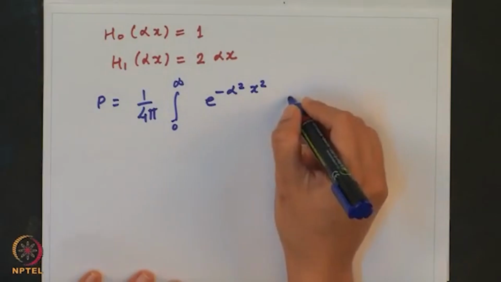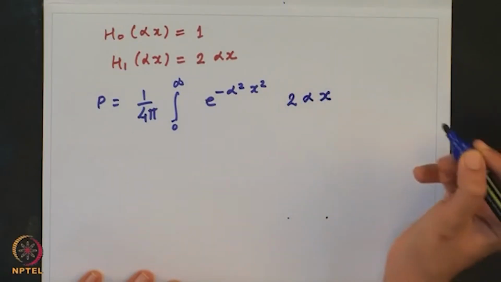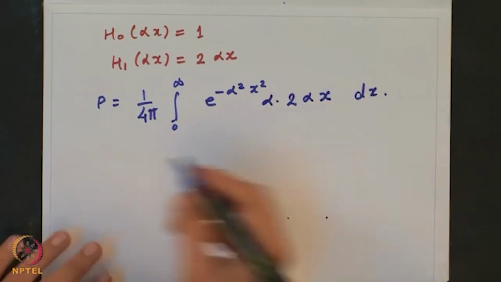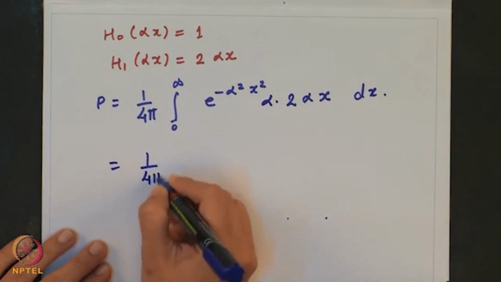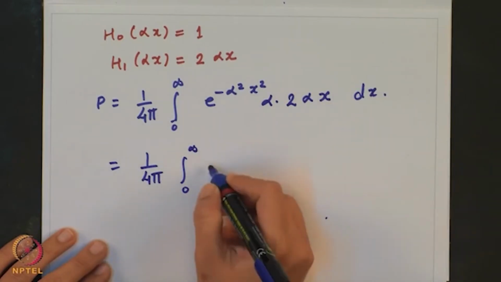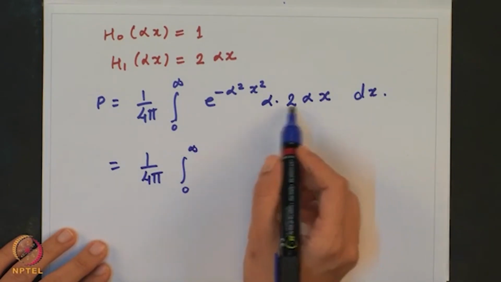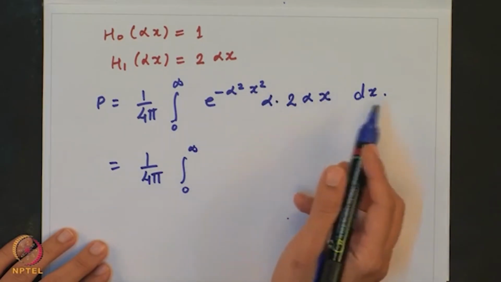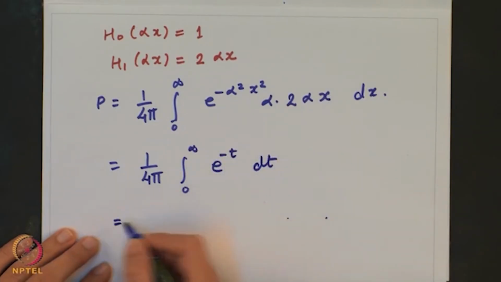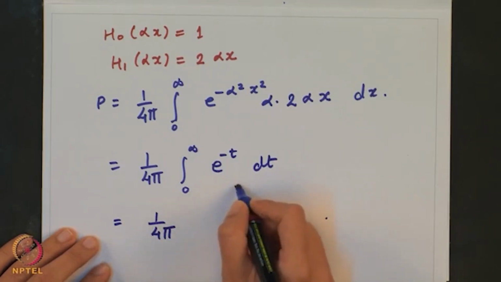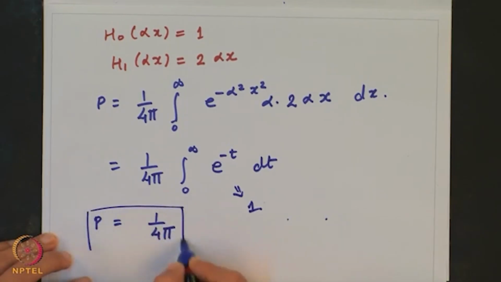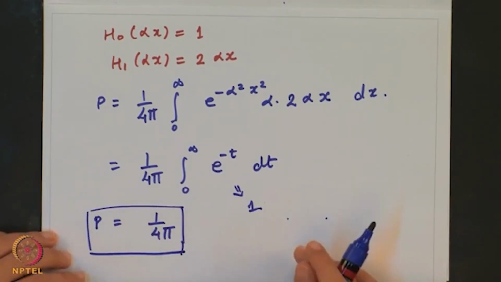So, I will have 2 alpha x dx, and I had 1 alpha before. So, this will be 4 pi 0 to infinity, and then this I can write as standard form. You can just substitute alpha square x square equal to some t, and this will give me e raised to minus t dt, which is nothing but 1. So, the probability is 1 by 4 pi.